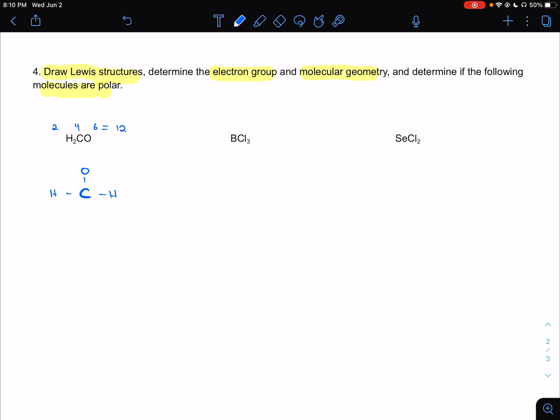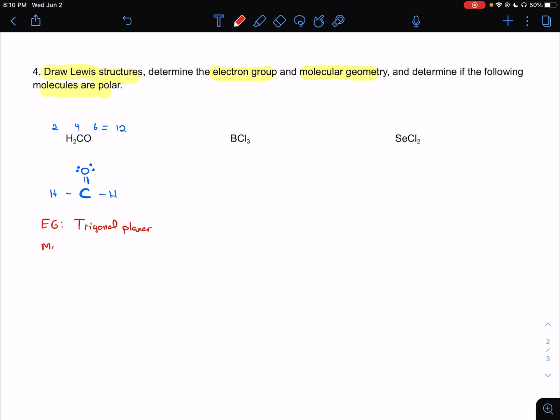And so you can practice this on your own, but when you end up with it, you're going to end up with a double bond to that central carbon. So our structure looks like this. So our electron group geometry, we have 3 things coming out, 2 single bonds and a double bond. So we have trigonal planar.